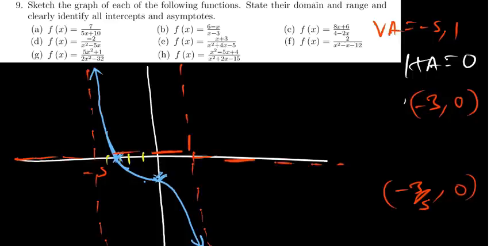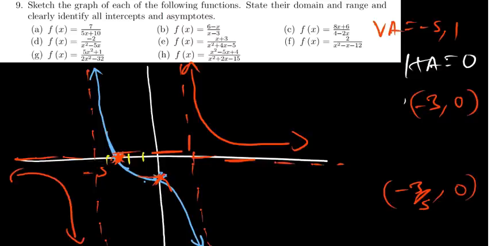At this point, this is where the graph is turning, and this has to be reflected on that side. Again, this side is turning at this point, so it has to be reflected this side too. So that is my graph for E.